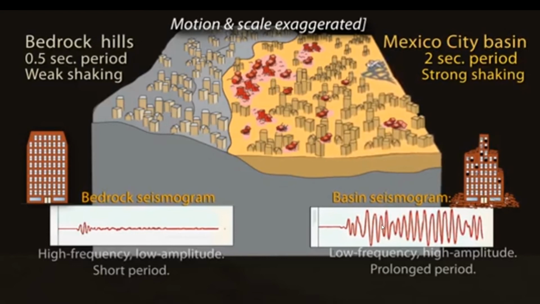Over here, we end up with oscillation that is the same, because over here you've got a much longer period, and that allows for this building to sway back and forth at the same time that the ground is swaying back and forth. So the ground movement causes the building to sway, and they're swaying in the same time frame.